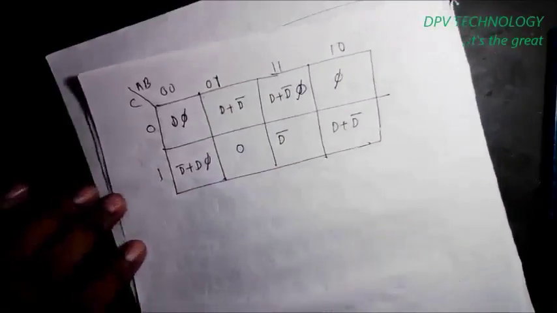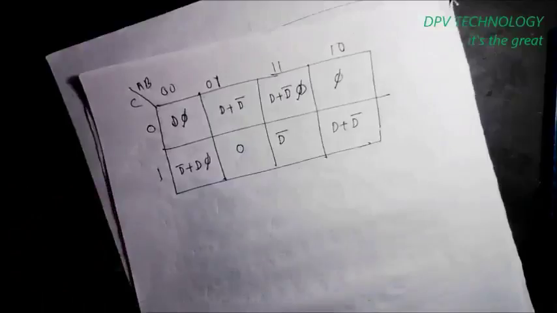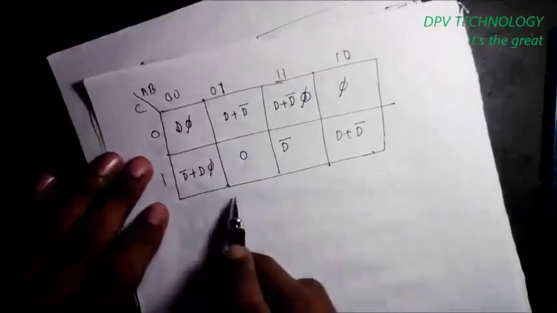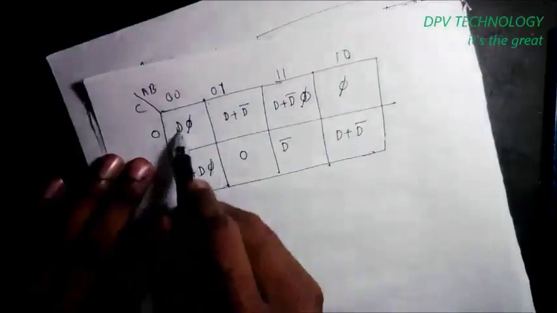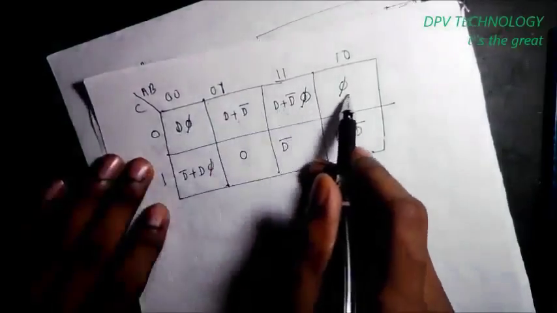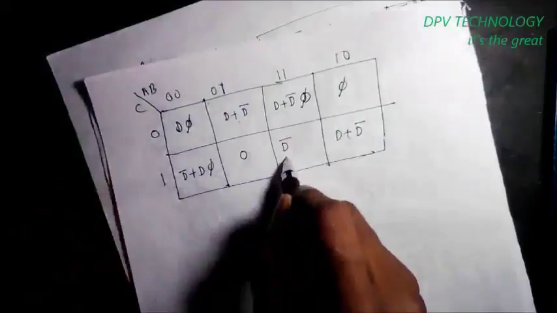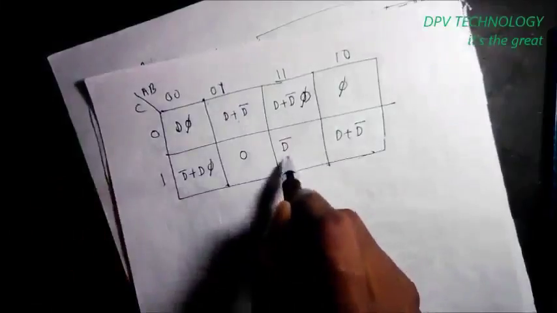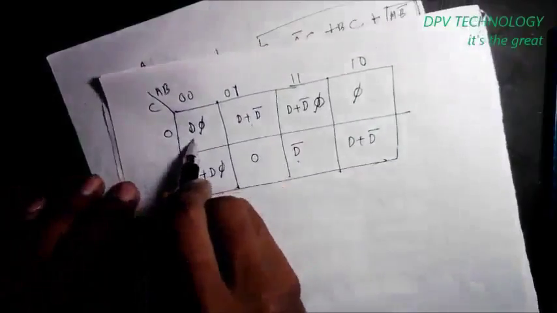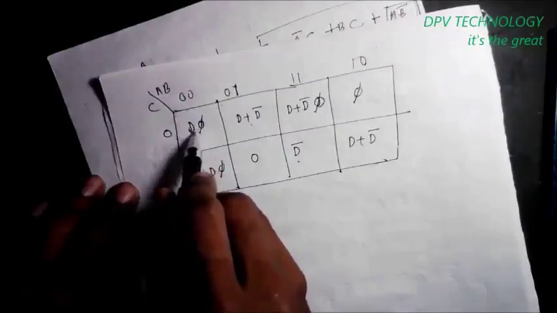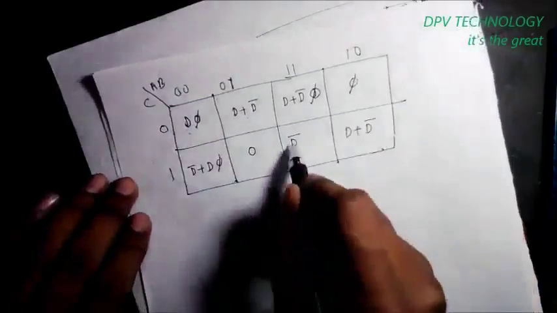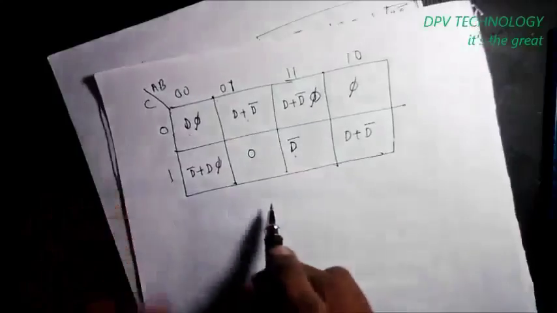Now I will show the step for covering the single MEVs, that is step number 1. What are the single MEVs here? This is not single, this is also not single, this is the only single MEV. This is not single because it contains one don't care. Now we have to cover this efficiently.